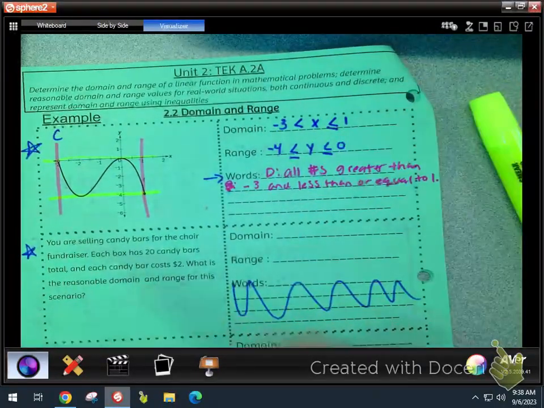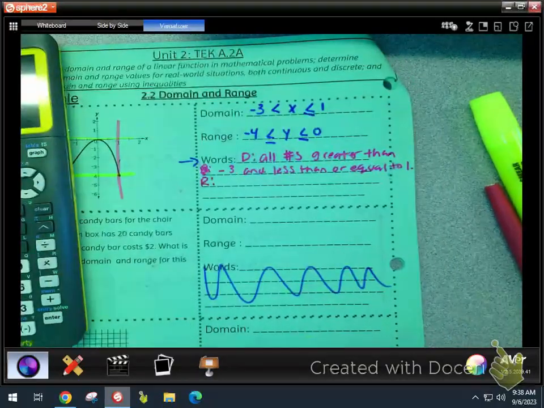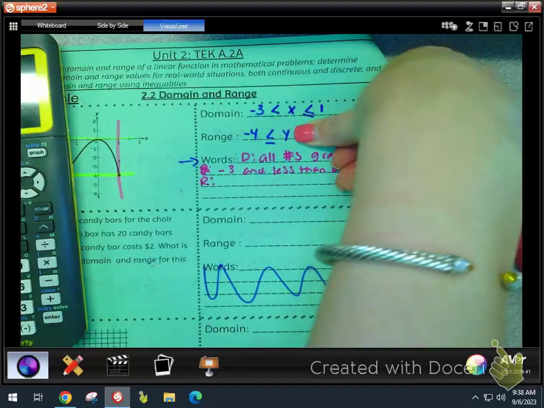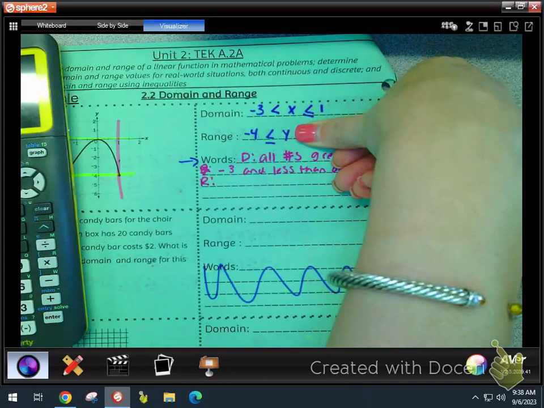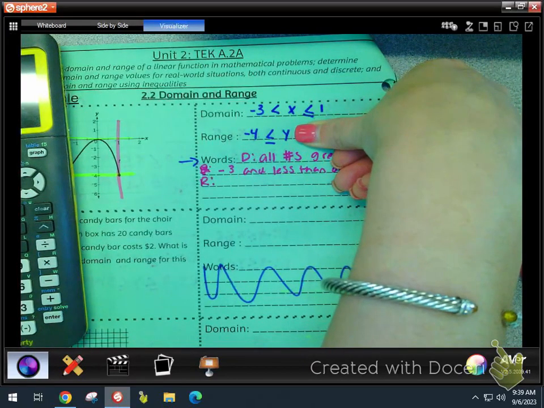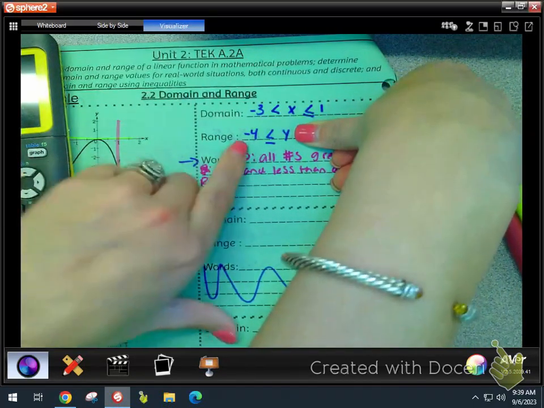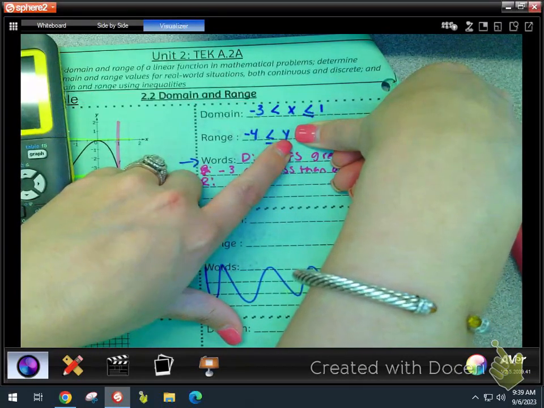Okay? So let's look at the range. R for range. Right here. You okay writing? We good? Okay, all right, let's check this half. What does this say? Y is... okay, if you read it left to right, it says -4 is less than or equal to y.